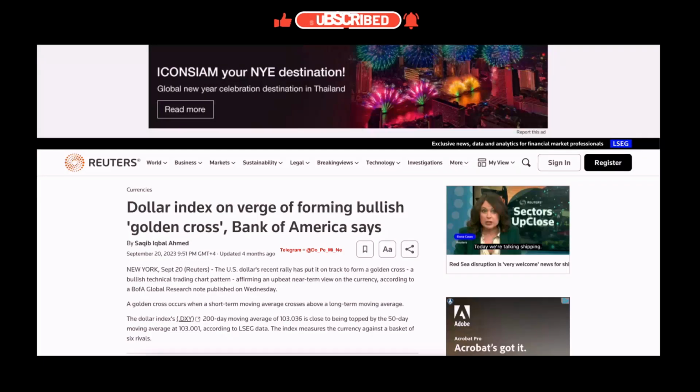So the Bank of America is a pretty substantial bank within America, and they said that the dollar index was likely to form a very bullish retail-minded pattern, so to say. If we take a look at the dollar chart in a bit and see when this news article was released relative to where the dollar was at, and we look at it from the perspective that I'm teaching you to look at the markets from, a light bulb moment should go off.